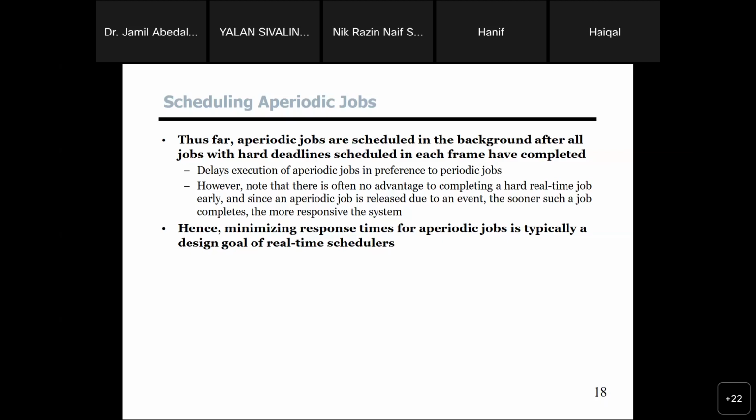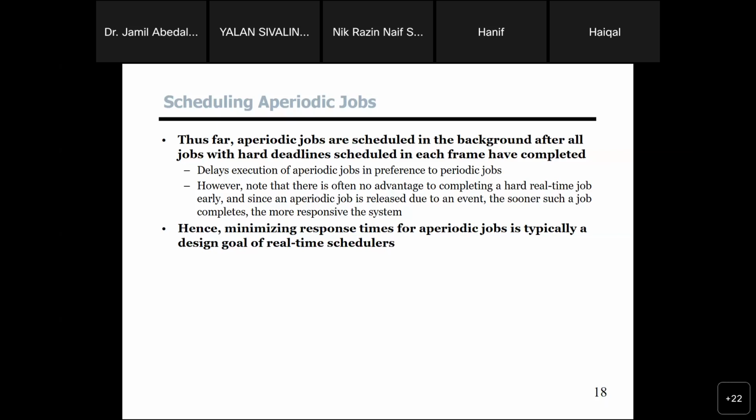Background: after all jobs with hard deadlines scheduled in each frame have completed, it delays execution of aperiodic jobs in preference to periodic jobs. That means we delay executing an aperiodic job to give priority to the periodic job first, since the periodic job, as I explained just now, is the main target or the main job that we need to execute, while an aperiodic is like an extra or additional job.